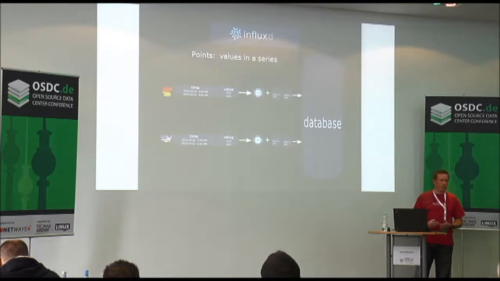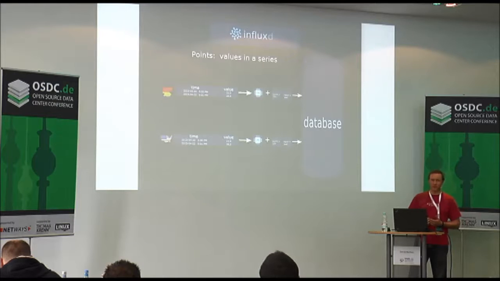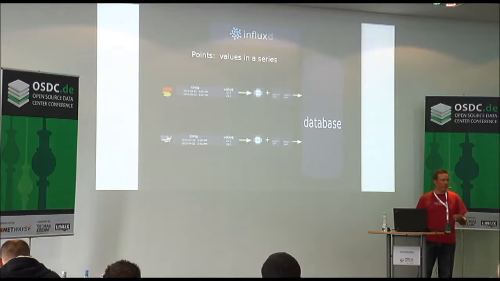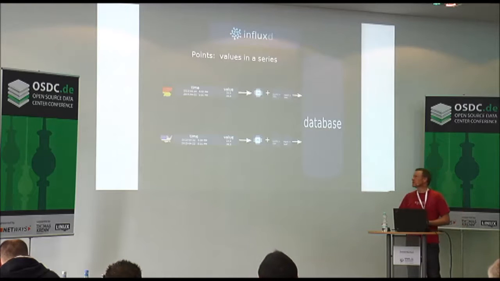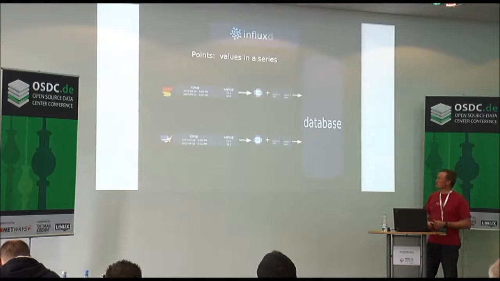We do support multiple fields. Off the top of my head, I can't think of a use case that anybody's actually using in the field. I'm sure there are, but maybe if you're storing mouse click events, you could store the X and Y coordinate of where the click occurred. But more typically, we just see a single value.